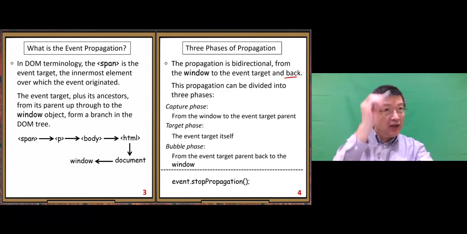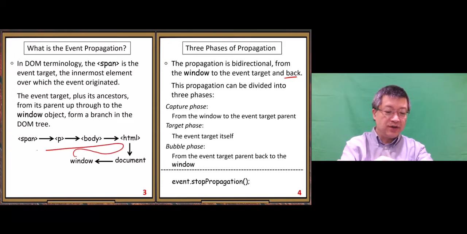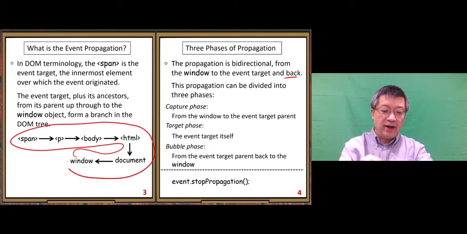Look at one propagation: you start from the window, you go in this direction, then going back. Stop propagation probably after you do something. You don't want to do the remaining processing, so you want to stop.